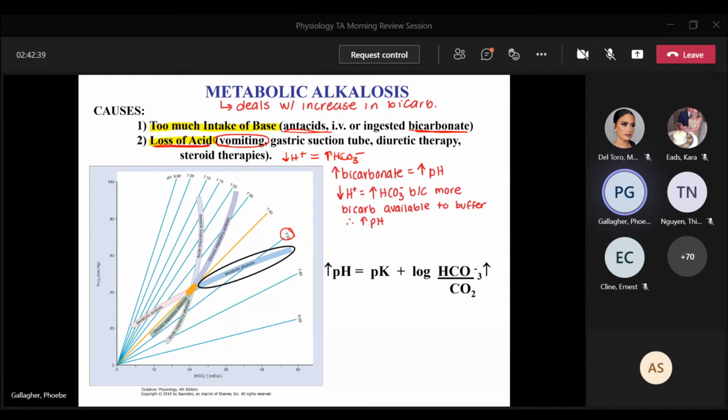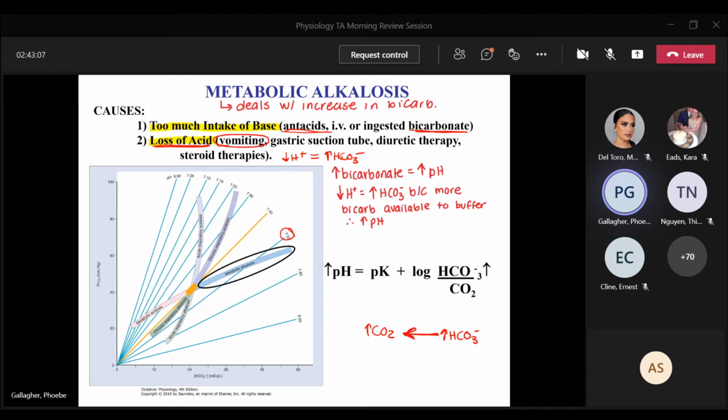Your CO2 concentration will also increase because if you increase bicarb, it's going to shift it to the left. So you will also see an increase in CO2, not to mention the fact that you will see some respiratory compensation. You will be hyperventilating to get rid of some of that CO2. Oh, wait, yeah, no, never mind. It would lead to an increase in CO2 because of the equilibrium shift.